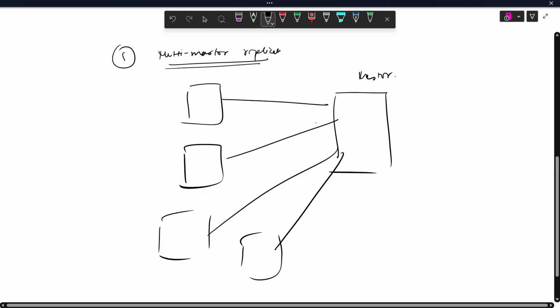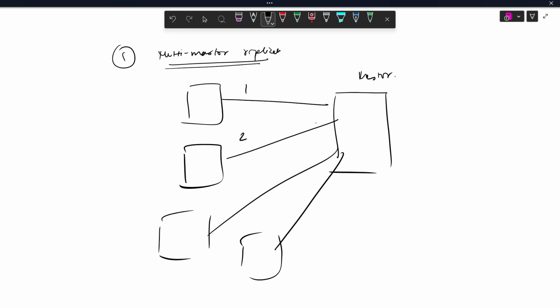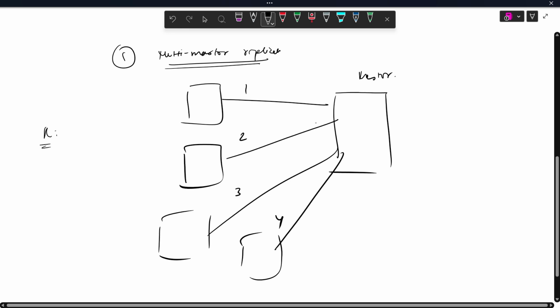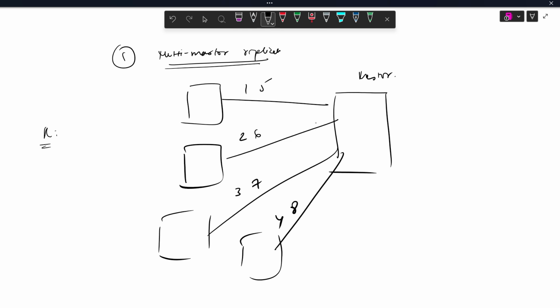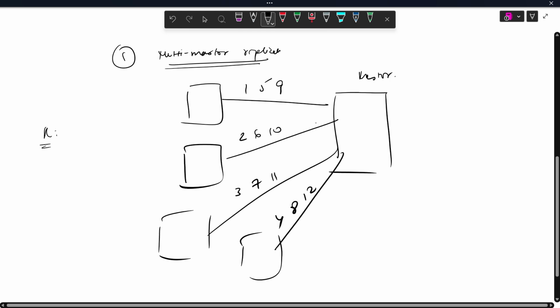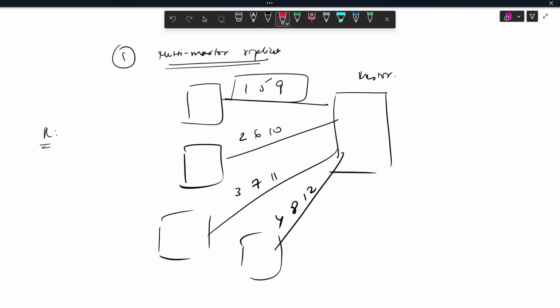Let's just say we have 4 databases, so we will start like this and then we increment by k. So k is the number of databases, so here it is 4, so this will be 5 and this will be 6 and this will be 7 and this will be 8, and similarly this will be 9 and this will be 10, this will be 11 and this will be 12. So in this way we can assign data some unique value, but it has some major drawbacks.